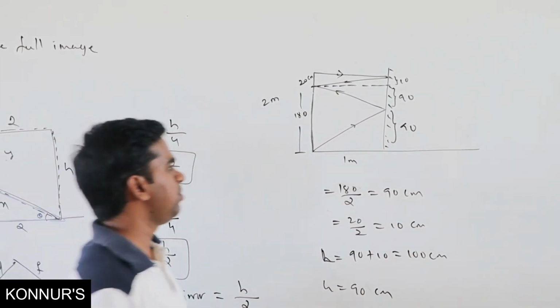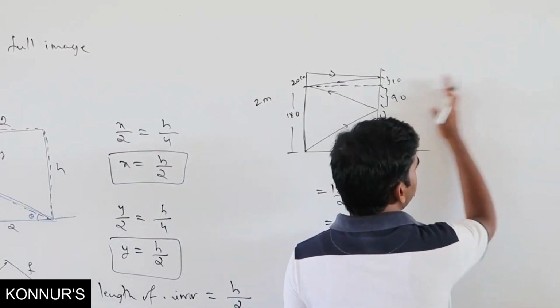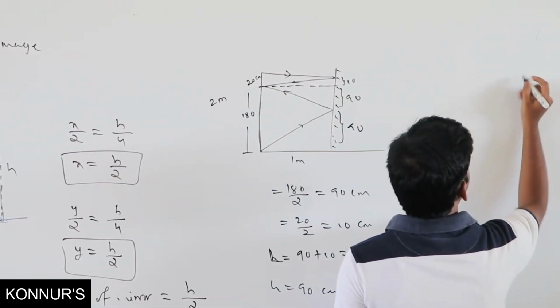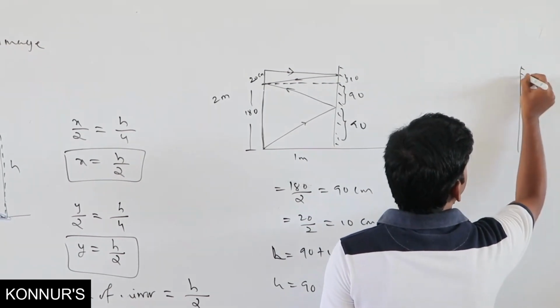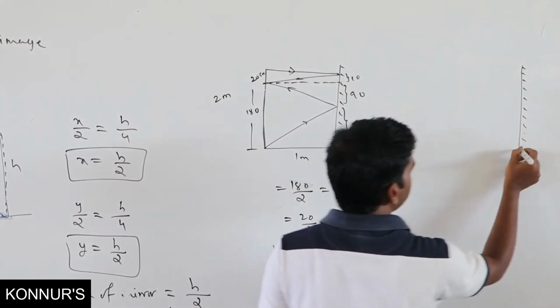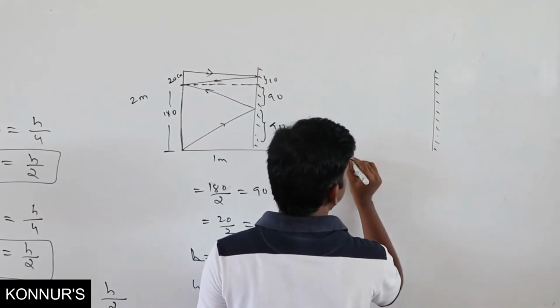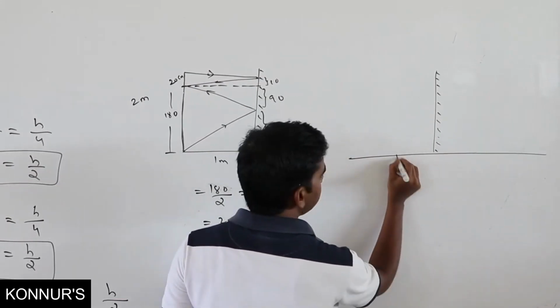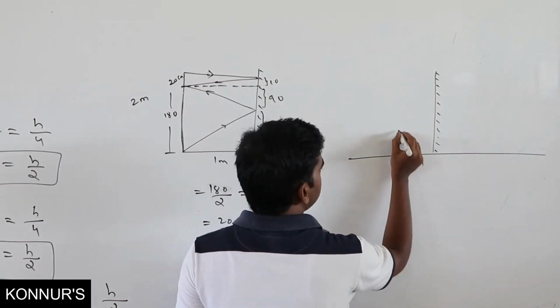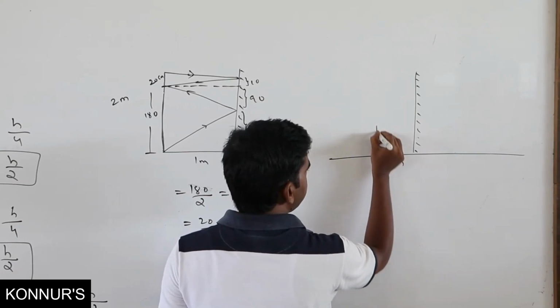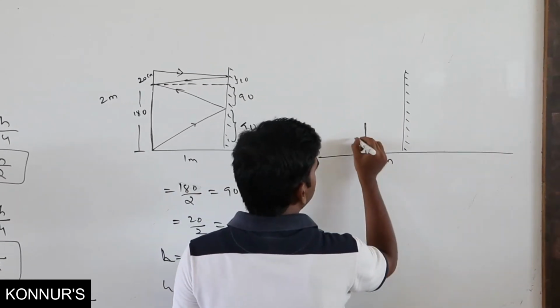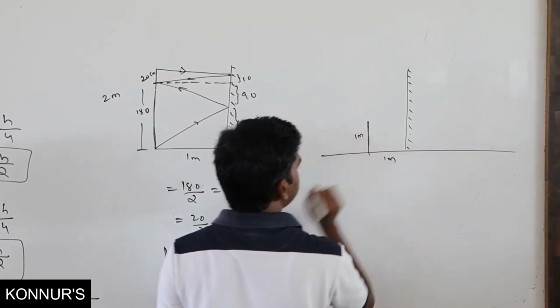Okay. So similarly, suppose there is a mirror. In front of that mirror, at 1 meter distance, one boy is standing here, whose height is again 1 meter.